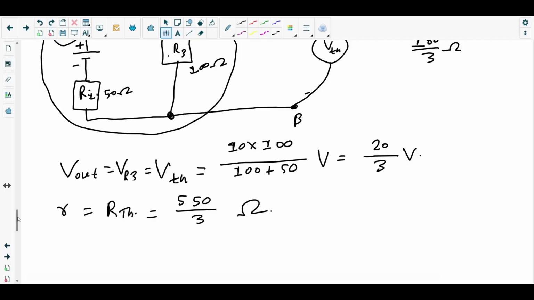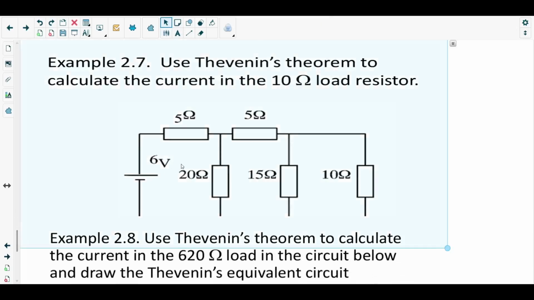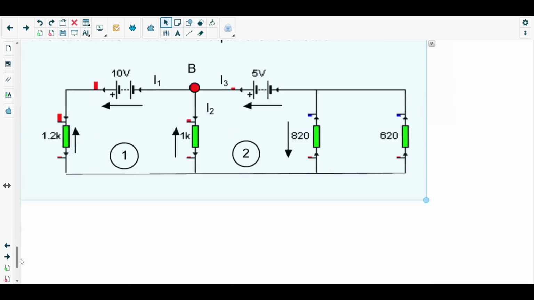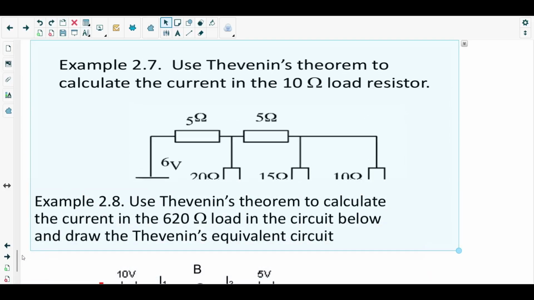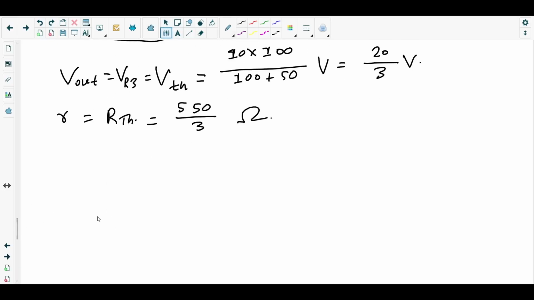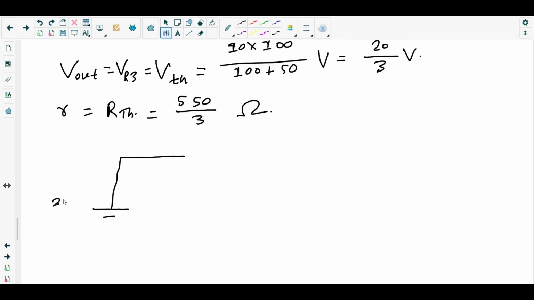Now I'll draw the Thevenin's equivalent circuit. I need to move them, drag them down. These are basically the next examples. So in the Thevenin's equivalent circuit, the source will be the Thevenin's voltage, what we got, 20 over 3 volt.